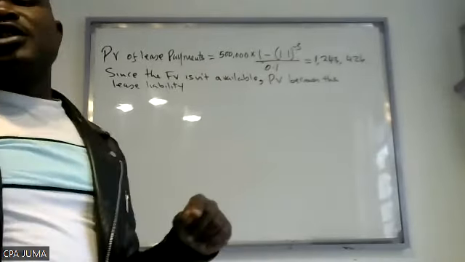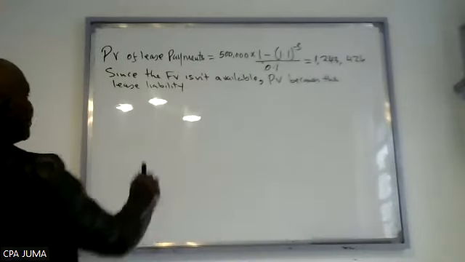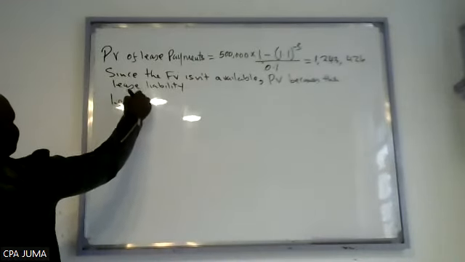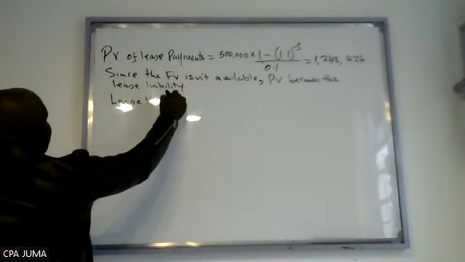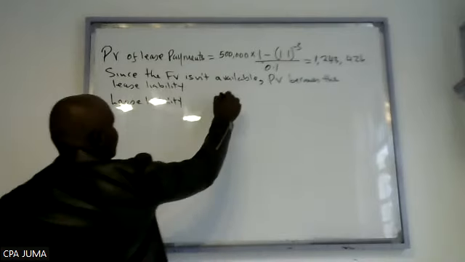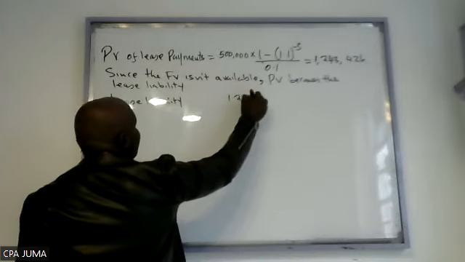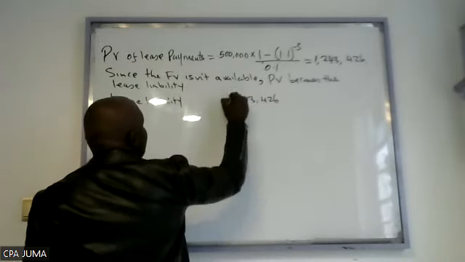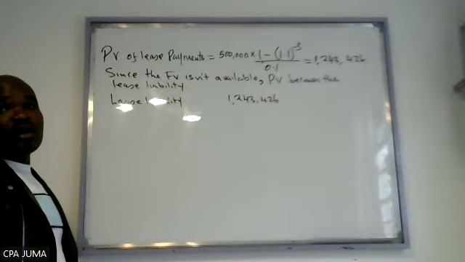Then that one becomes the lease liability. Correct. So the lease liability is 1,243,426. That is what they need to pay.